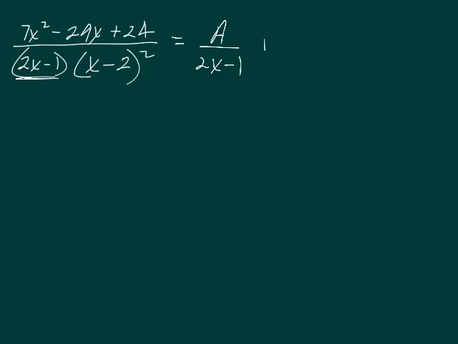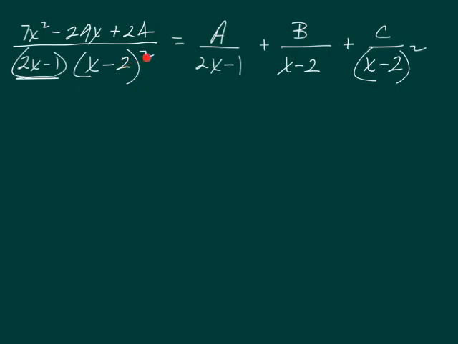And this is where it gets a little tricky. B over x minus 2, just an x minus 2, plus C over x minus 2 squared. Alright, this is the way it will always be.